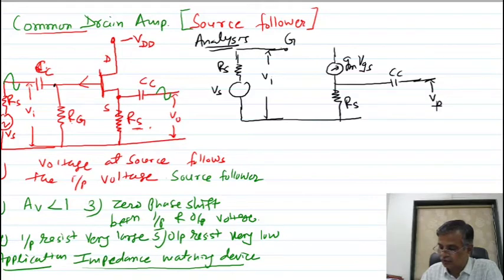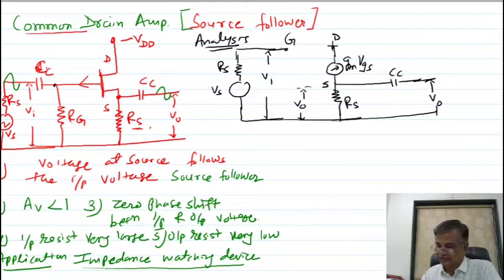This is the output voltage Vo. This is the source terminal, this is your drain terminal. Okay, this is your Vo, and between these I can show VGS.